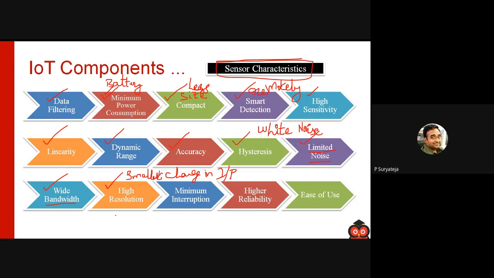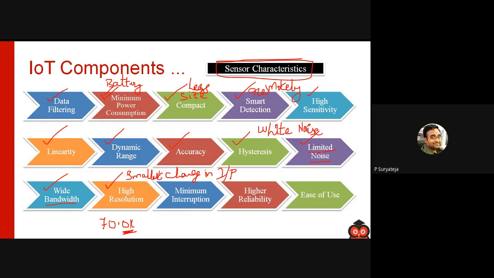For example, consider the temperature sensor. Let's say the sensor is able to detect the change in temperature up to 2 decimal values. This is a very small change in the temperature, right?